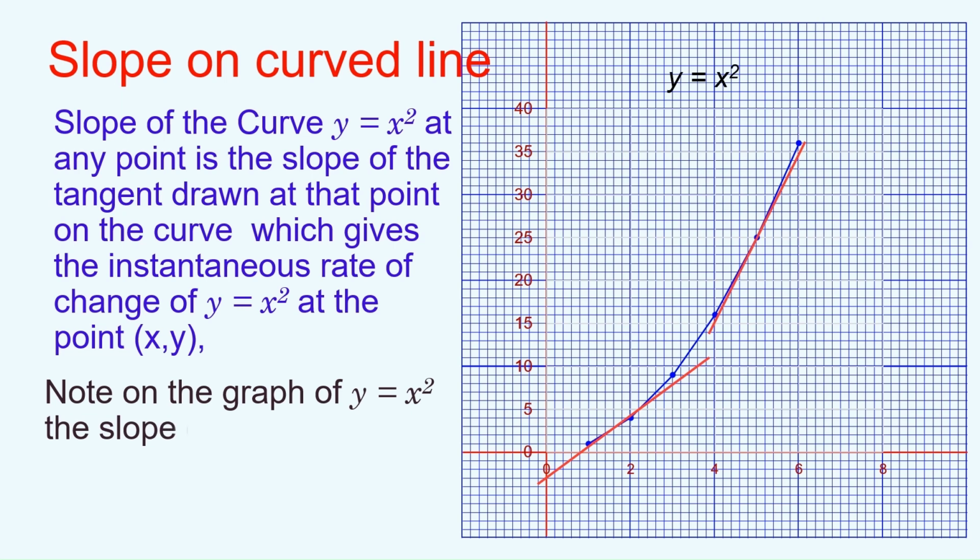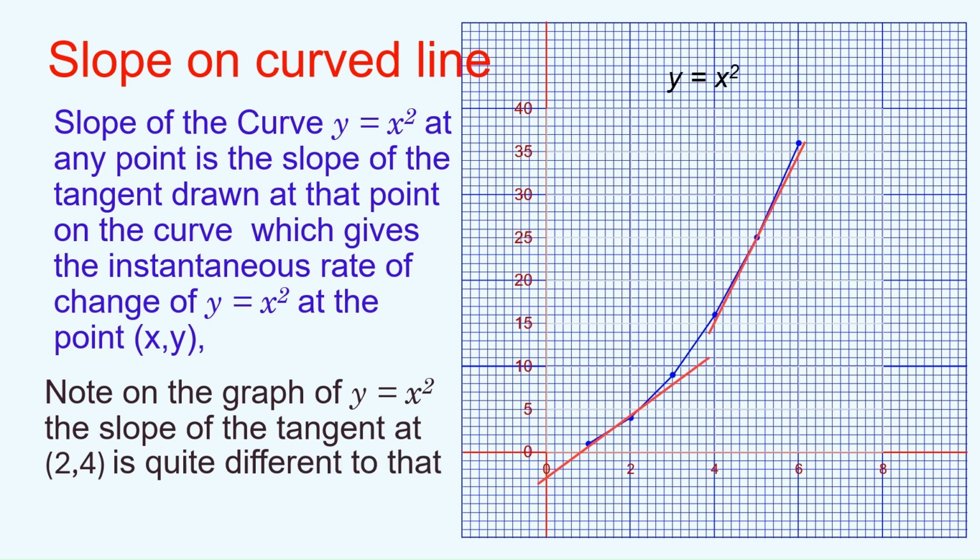Note on the graph of y equals x squared, the slope of the tangent at 2, 4 is quite different to that of the tangent at 5, 25.